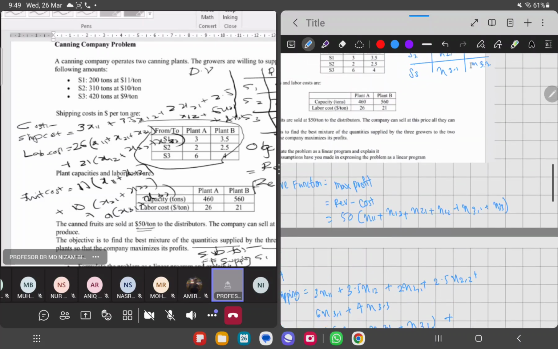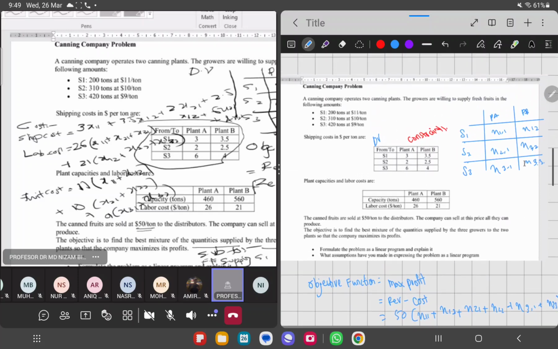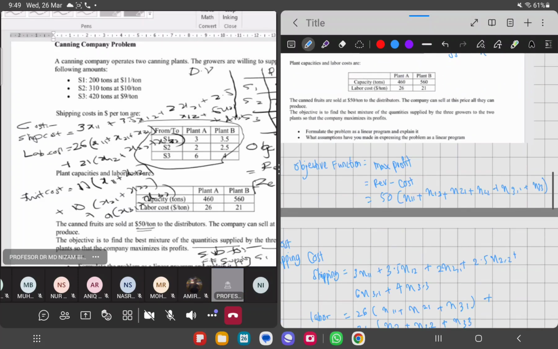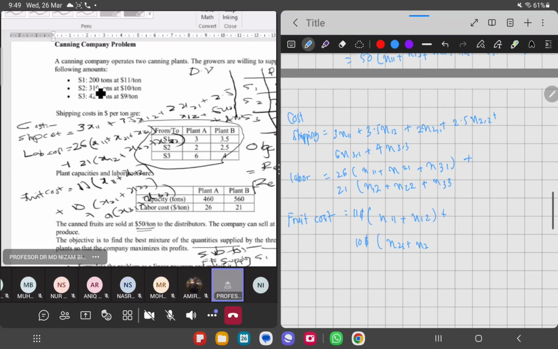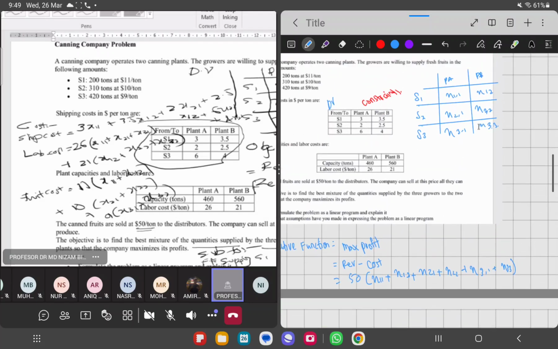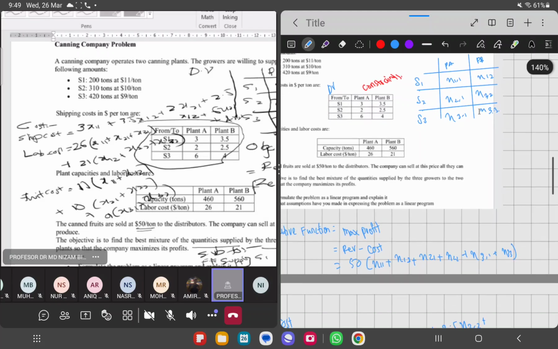Is it greater than or equal to, less than or equal to, or equal to? For this particular case, it's quite ambiguous. It doesn't say at least or not more than. But usually, when a fresh fruit vendor promises to supply materials to you, the promise is that they will supply at least that quantity.